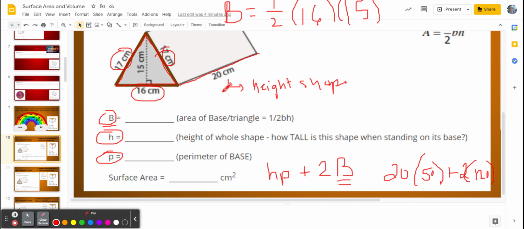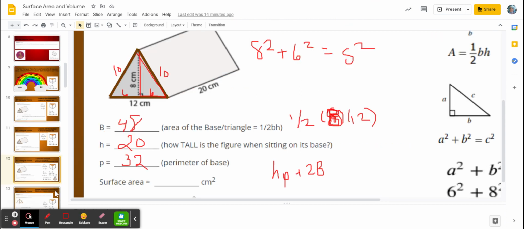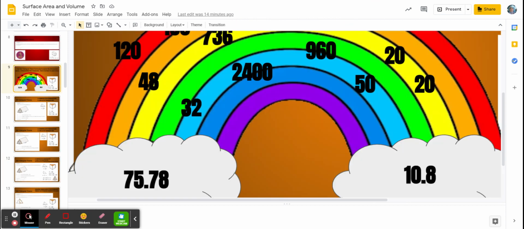Some of these formulas get a little weird because you've got weird variables in them.